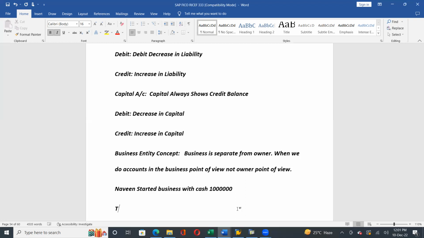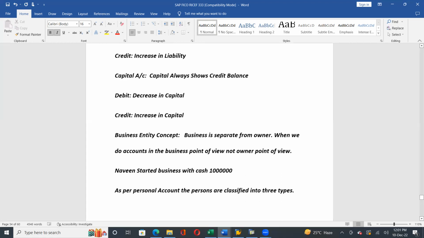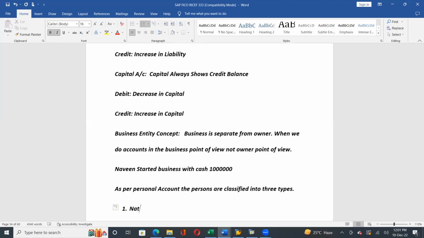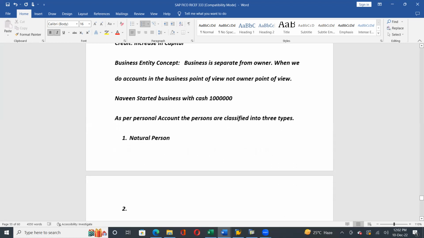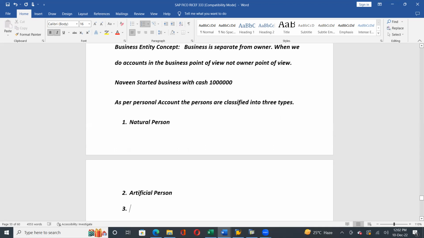As per personal account, persons are classified into three types: natural person, artificial person, and what is the other one?